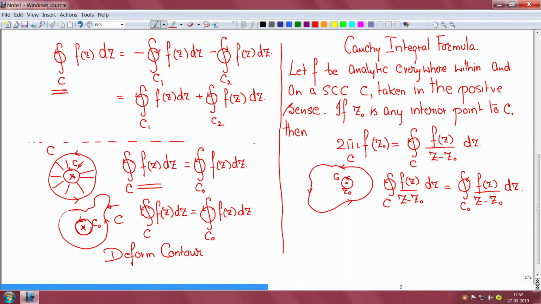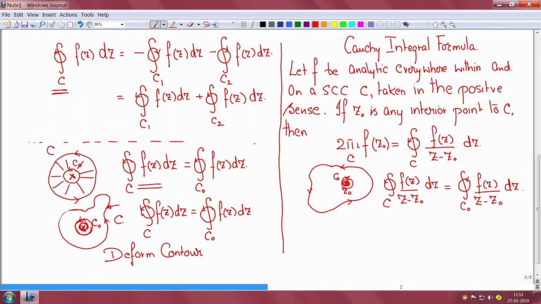Okay. Now, from the earlier portion we have seen that I can go as close as possible to the singularity as long as I do not cross it or touch it. So, here also I can go closer and closer to z0 as far as possible without touching z0.